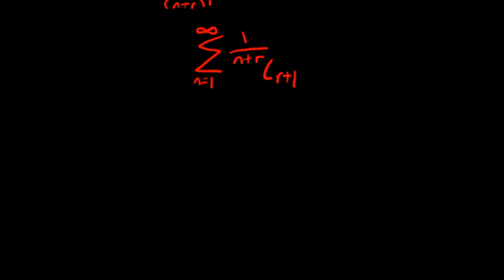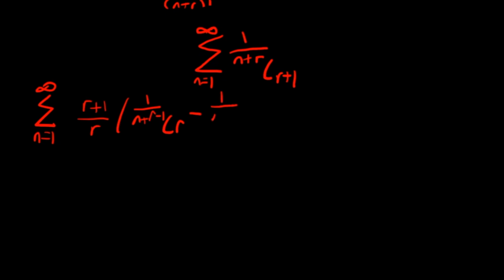Okay, so if I do that and write the sum as the sum from n equals 1 to infinity of (r plus 1) over r times 1 over (n plus r minus 1) C (r minus 1) over (n plus r) C r.